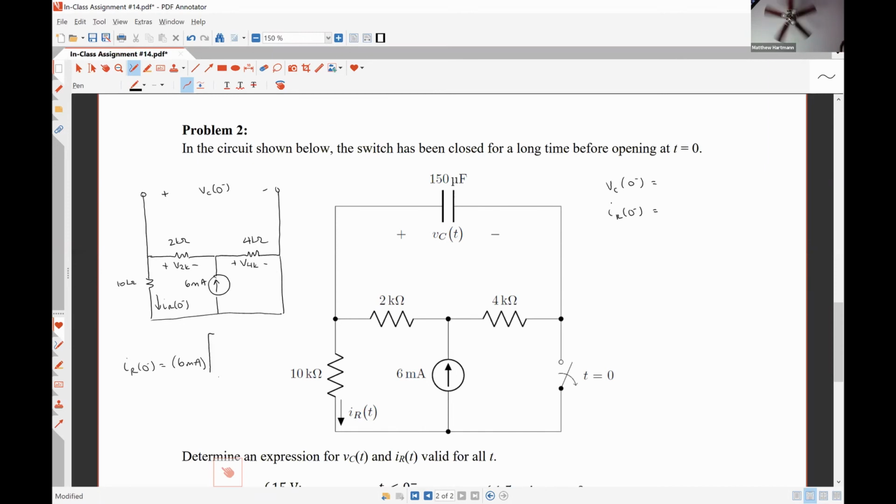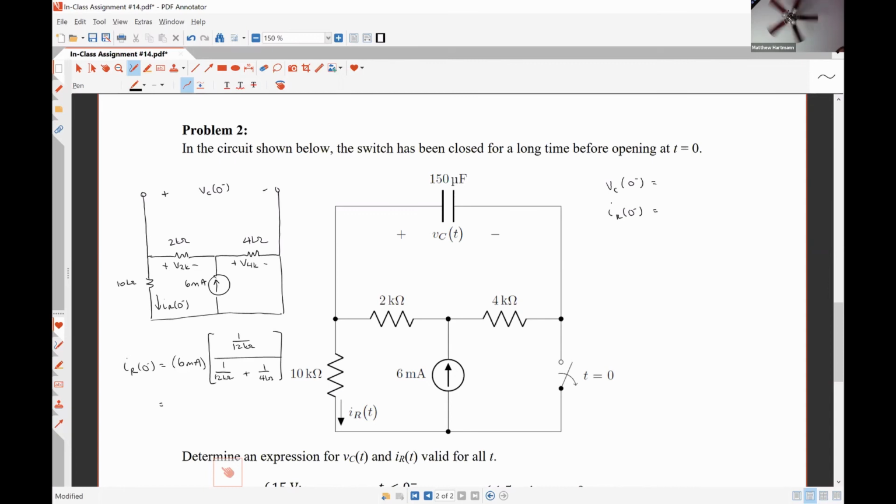So to me, that means that I'm going to do 1 over 12 kiloohms here. Like so. Anybody have any questions about my current division expression? All right, nobody's saying anything, so I'm going to assume I'm right.